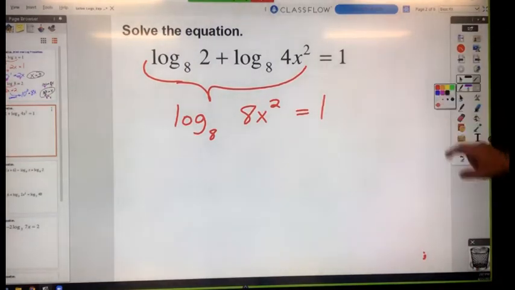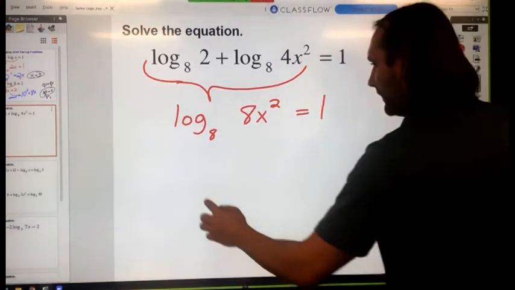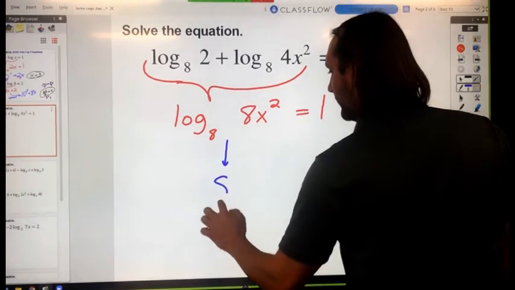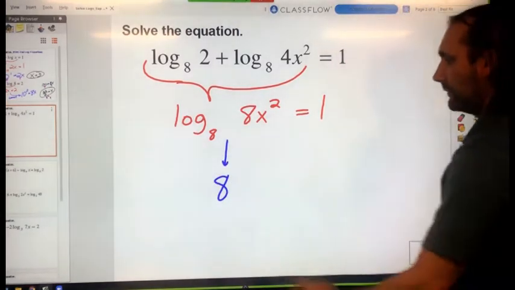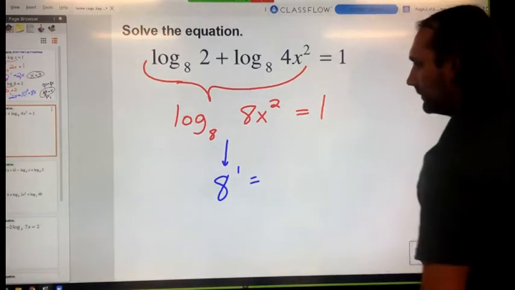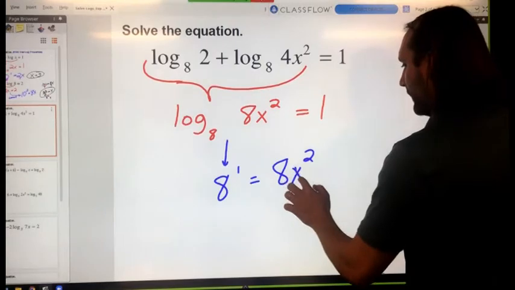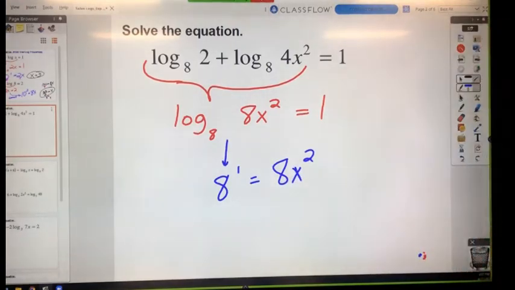Now, it's very difficult to solve it in this format, so you would turn it into an exponent. So as an exponent, it looks like 8 to the power of 1 equals 8x squared. Now pause for a minute. I have a quadratic.